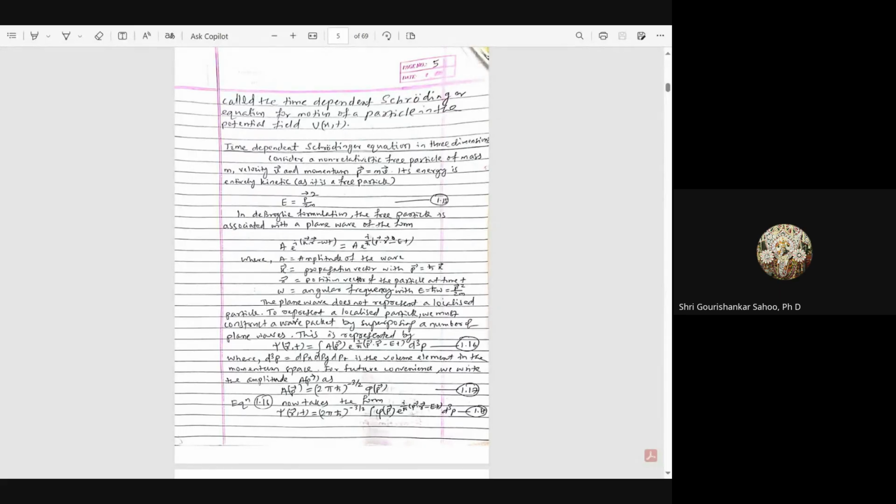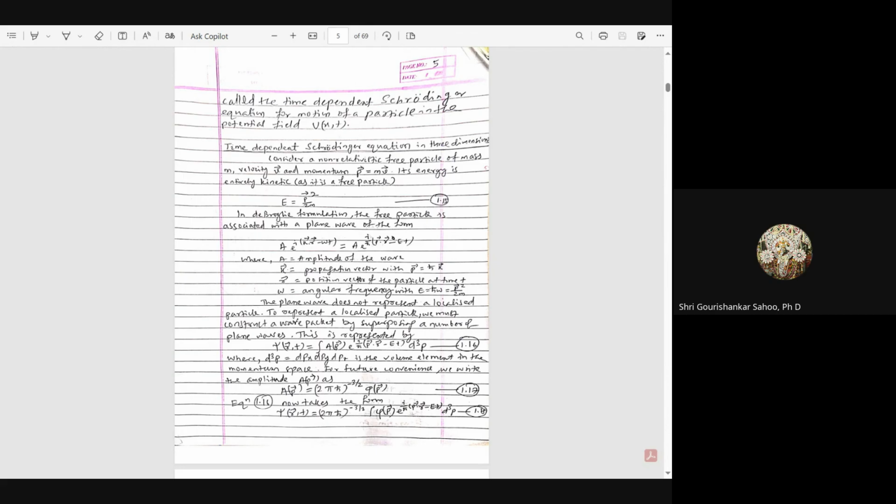In 3 dimensions, your x is replaced by the r vector, the position vector, where r is x i cap plus y j cap plus z k cap. And a e to the power i k dot r vector minus omega t can be written as a e to the power i by h cross p dot r, momentum dot product r vector, minus Et.